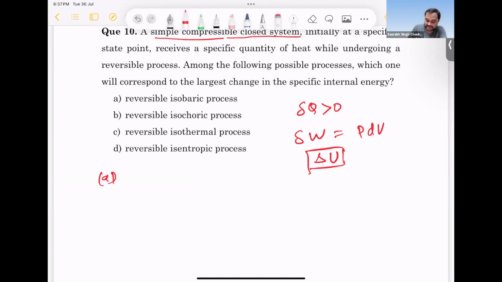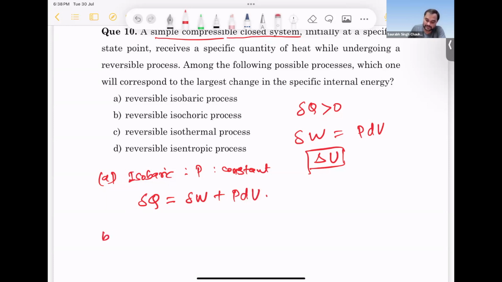Let us see each option one by one. For constant pressure, del Q will be del W plus delta U.